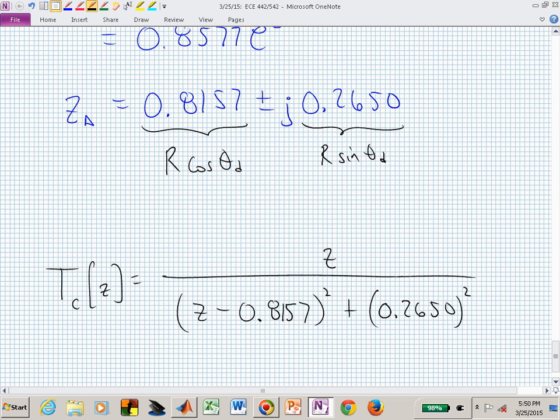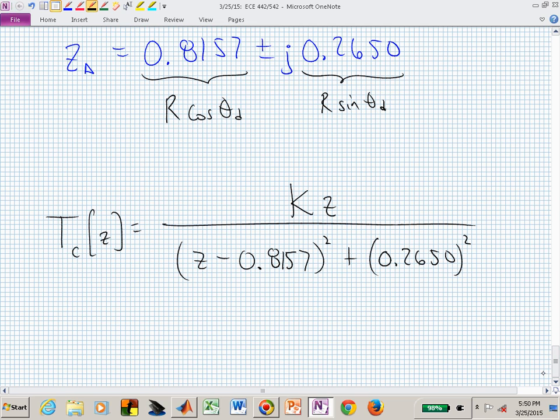And maybe we want this to be a nice transfer function in the sense of we might want to have a DC gain of 1 for this system. Meaning right now, maybe we don't know, we have some gain K. How will we force this transfer function to have a DC gain of 1?